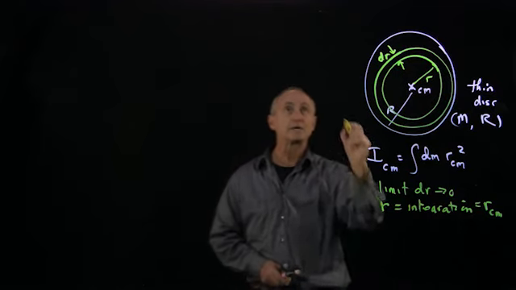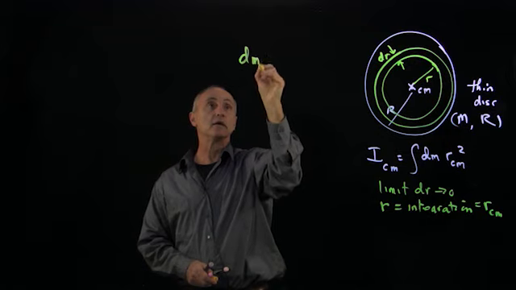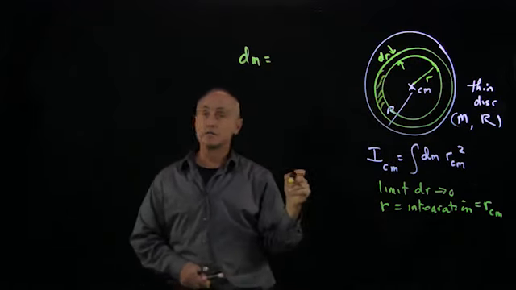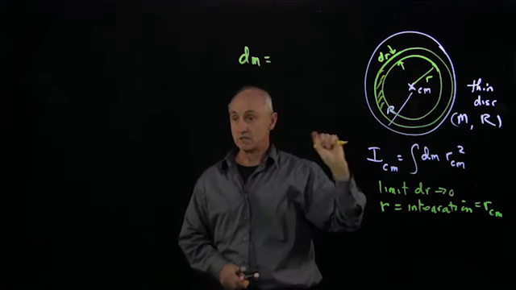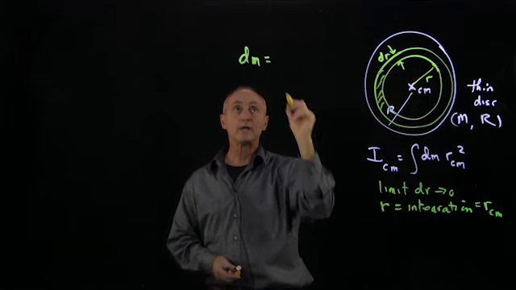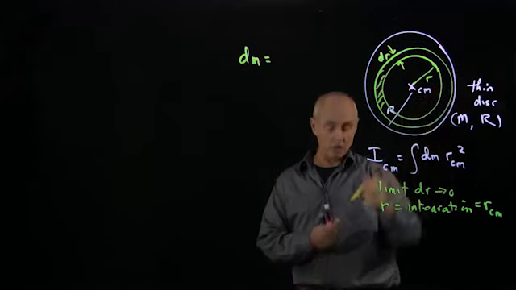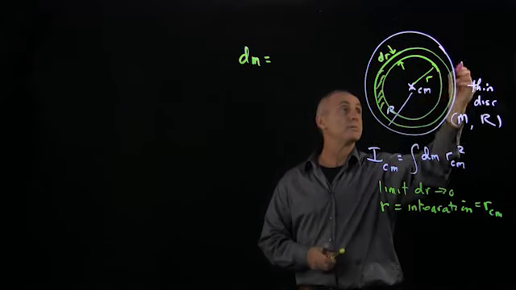So what is the mass that's contained in this area, a ring of radius r and thickness dr? Well, one way to think about that is, here we didn't say this, but our thin disk is going to be uniform.